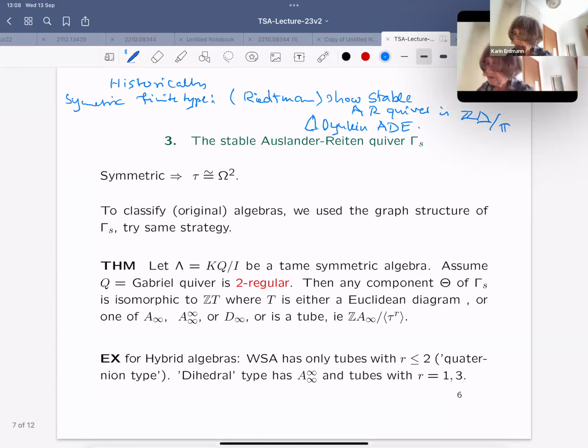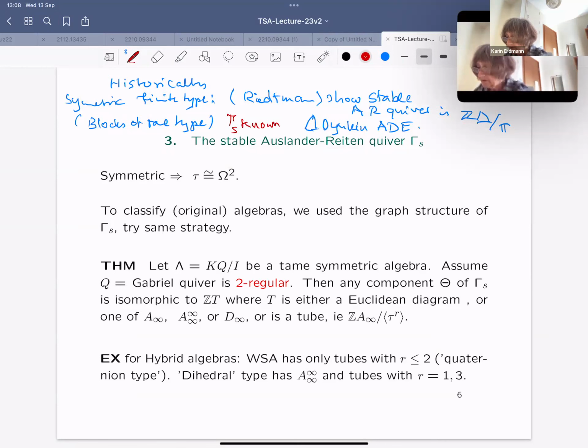And so for the original blocks setting, blocks of tame type, I basically did the same, except of course the stable Auslander-Reiten quiver is not that. So Gamma S is something different, which is known basically.